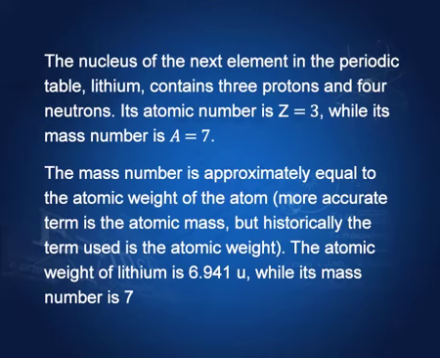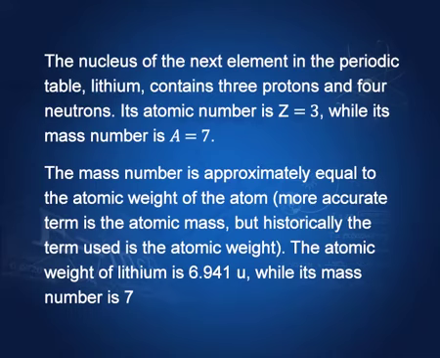The mass number is approximately equal to the atomic weight of the atom, not exactly, but approximately. A more accurate term is the atomic mass, but historically the term used is the atomic weight. The atomic weight of lithium is 6.941 U, where U is approximately the mass of a proton or a neutron. We shall define this more precisely.